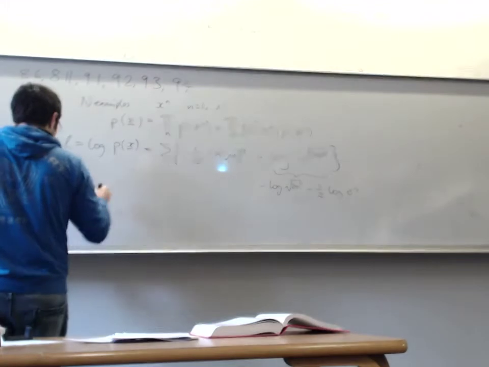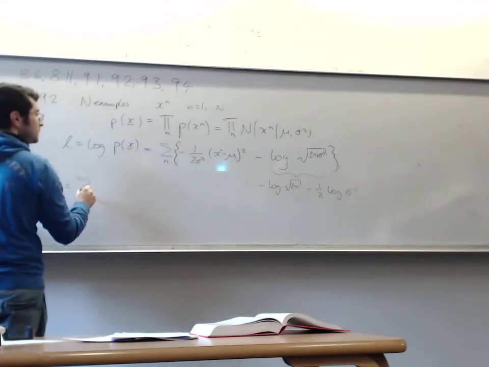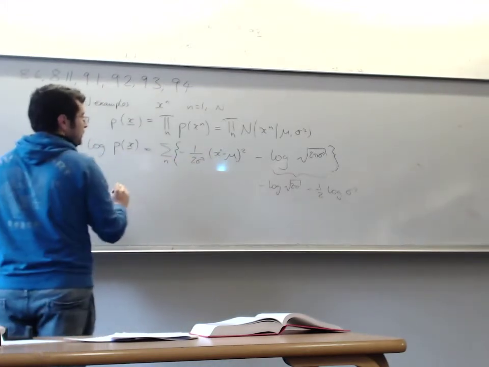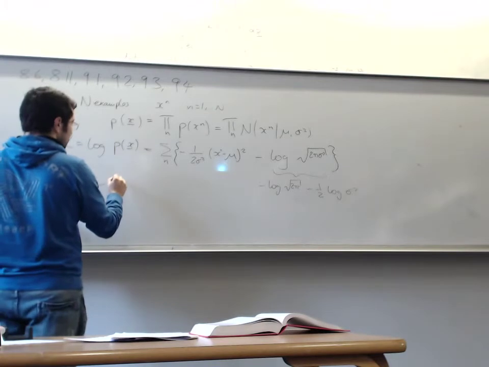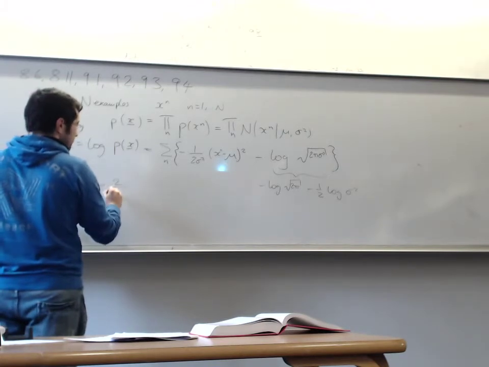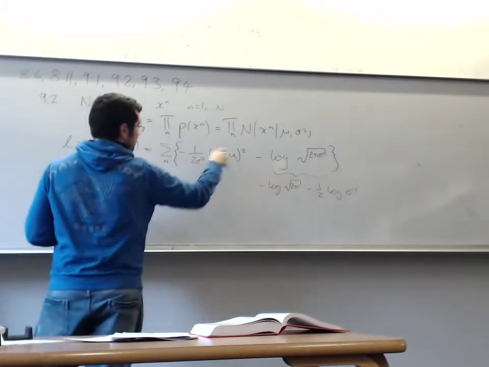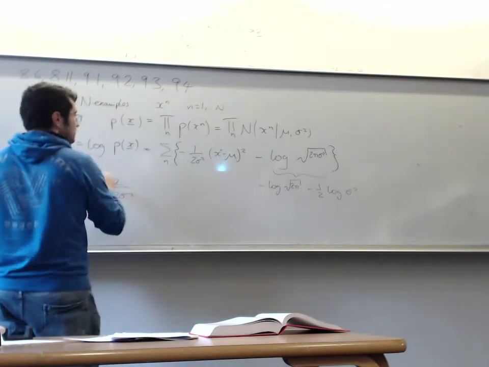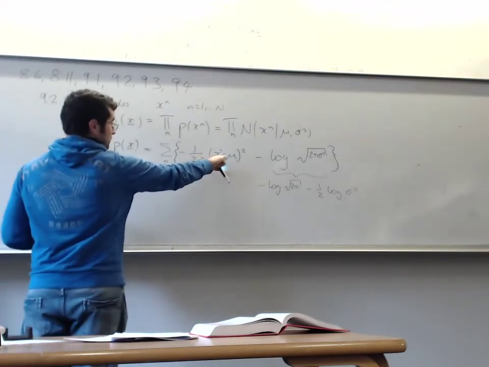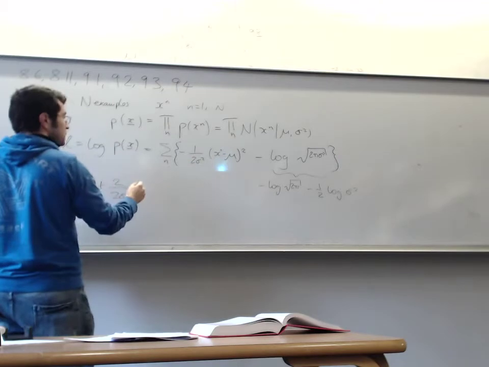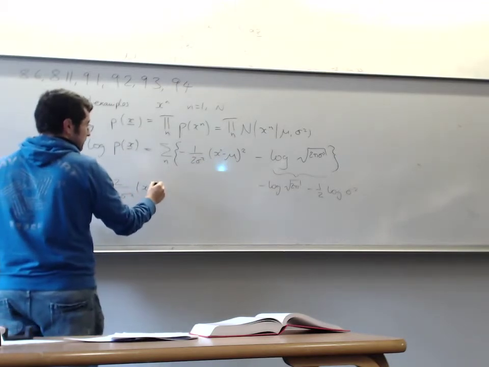I'm going to keep the sum over n. And the derivative of this thing is going to be minus 2 over 2 sigma squared, so I'm bringing this 2 from here. And the derivative of this with respect to mu is minus 1, so this becomes a plus. And then I have xn minus mu.